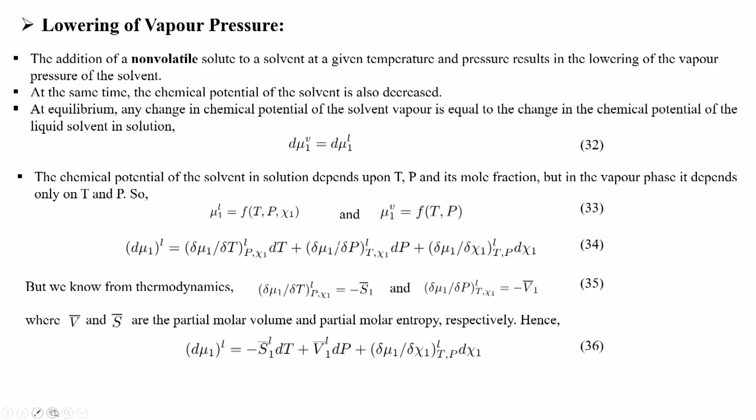So, we can write d mu 1 L is minus S1 dT plus V1 dP plus del mu 1 by del x1 at constant temperature and pressure times dx1.